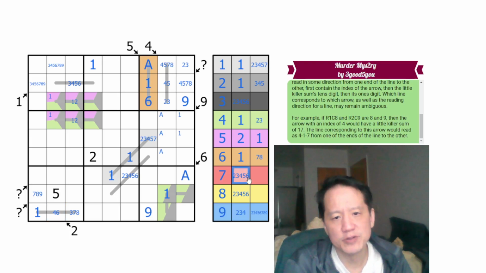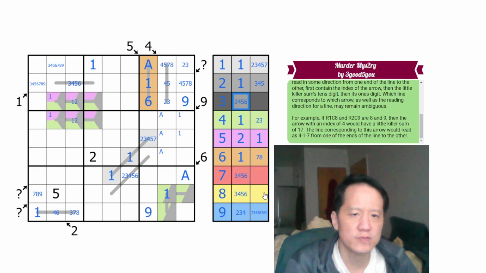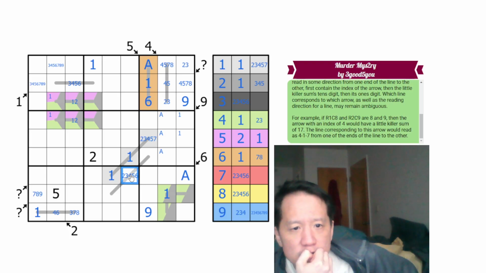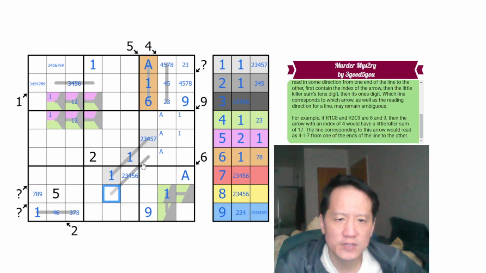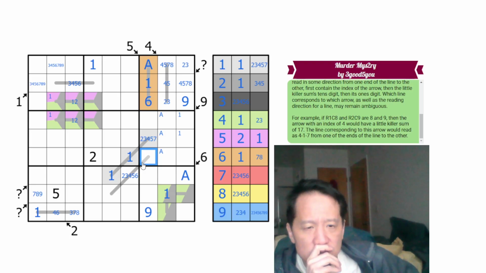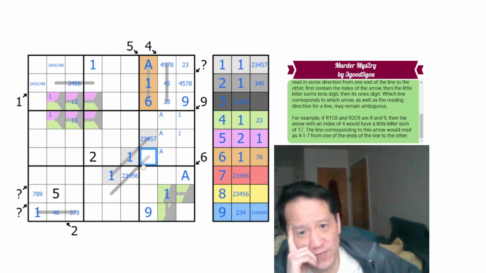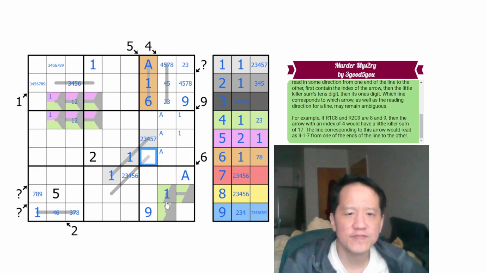So these cannot be 2 then. They have to be at least 3, 4. Well, that's not necessarily true. So 2 through 6, well, we don't have that much. So where's 5 is the question. The 5 does not have a 1 in the middle. The 5 has to have a 2 in the middle, and this can't be 1.